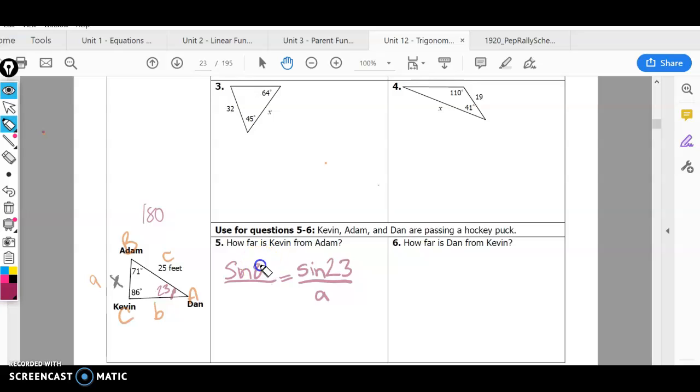Capital C, the angle, is 86. Lowercase c, the side, is 25. Try doing this cross multiplication. Pause the video, see what you get. I'm going to do it as well. I get 25 times sine 23 equals a times sine 86. Dividing the sine 86 over.